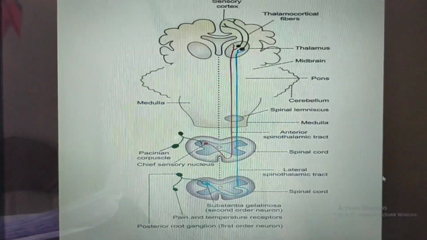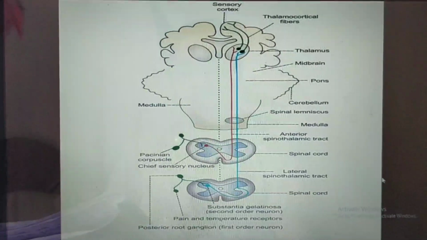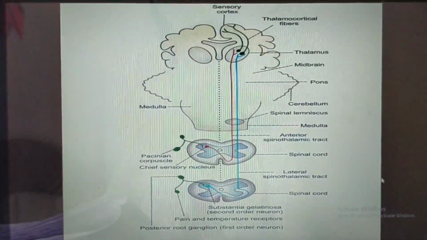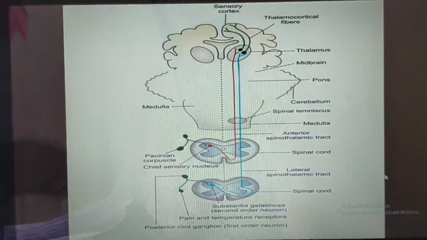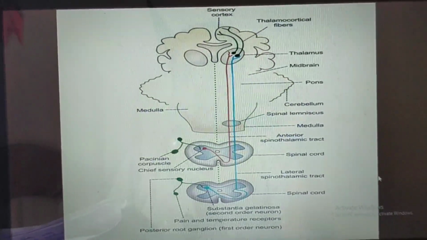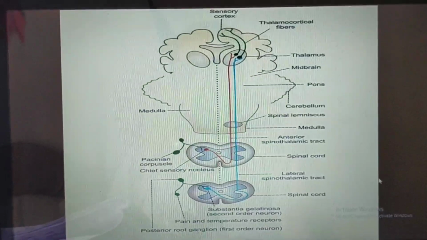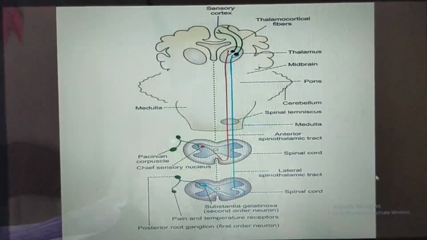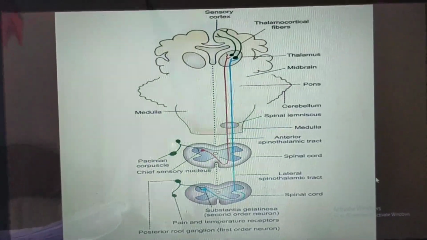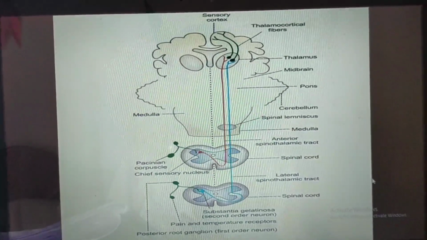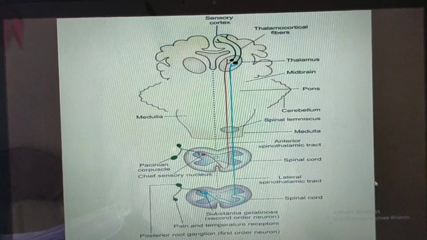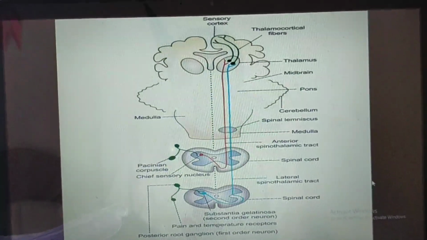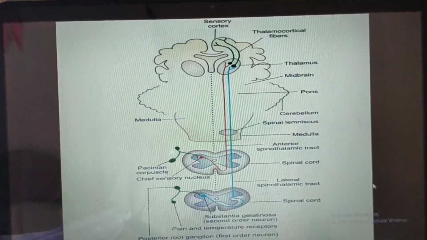So the impulse begins in the epidermal free nerve endings, which mediate thermal and pain sensation from the skin. Impulse travels via first order neuron from the big toe through nerve of the leg to reach the spinal cord via lumbosacral plexuses.